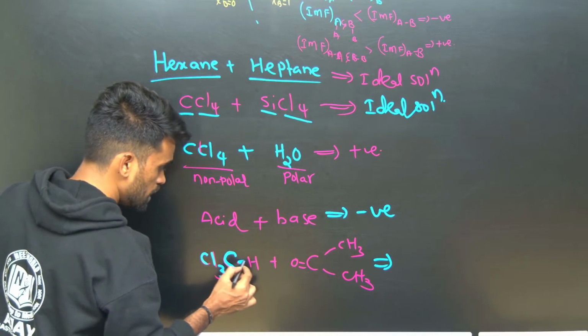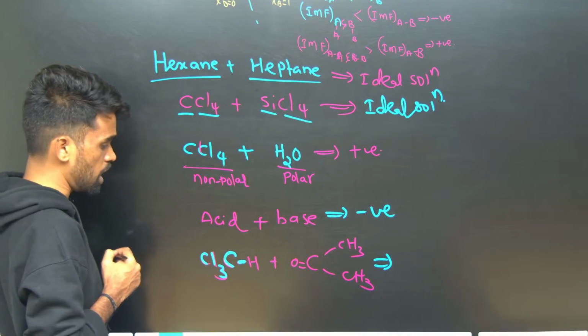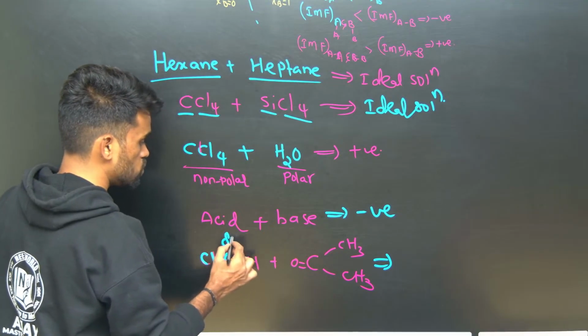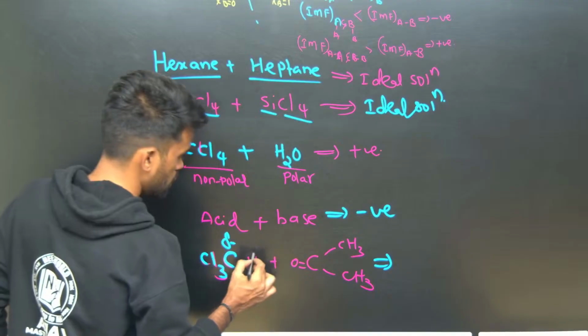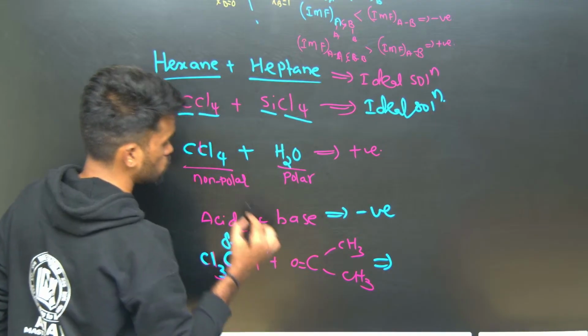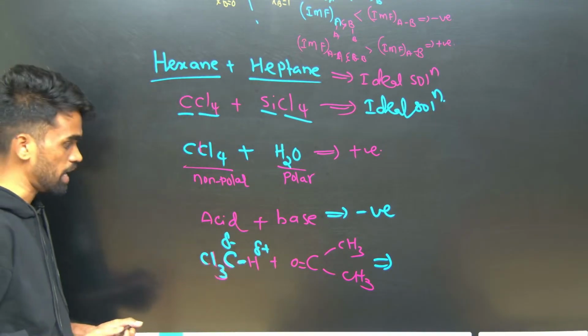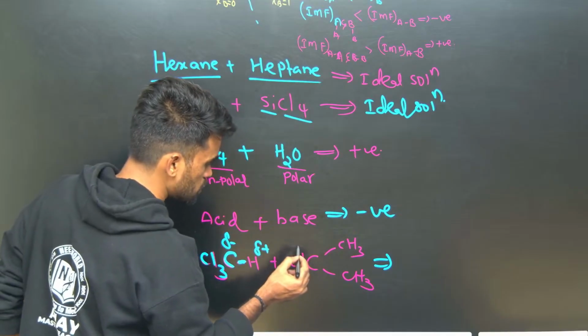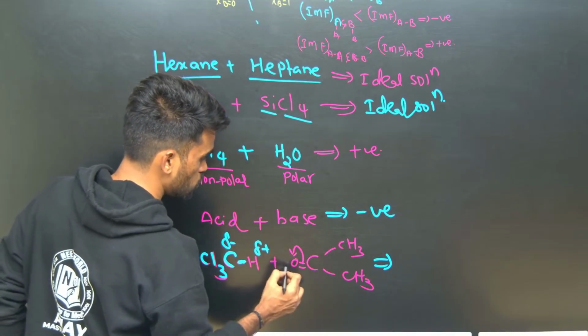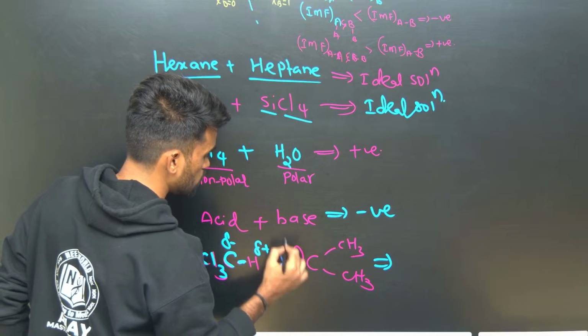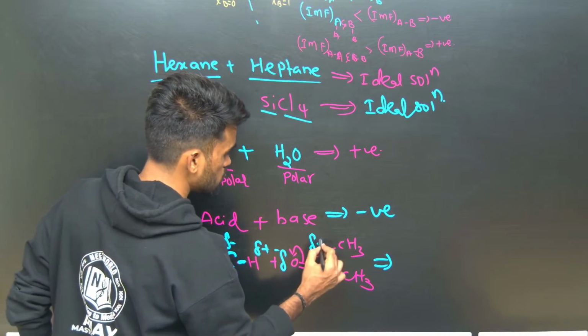So these electrons are dragged towards the carbon, and it creates partial negative charge on the carbon and partial positive charge on this hydrogen with respect to this sigma bond. And these pi electrons are also taken towards oxygen, since it is more electronegative, creating partial negative charge on oxygen and partial positive charge on carbon.